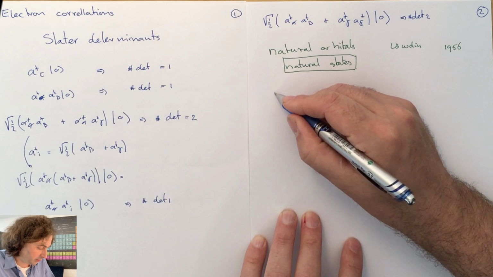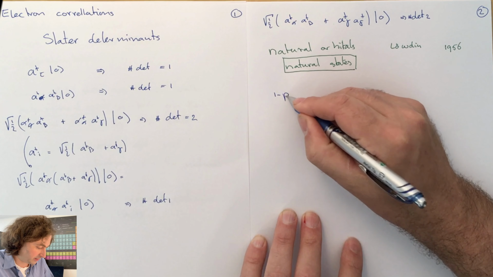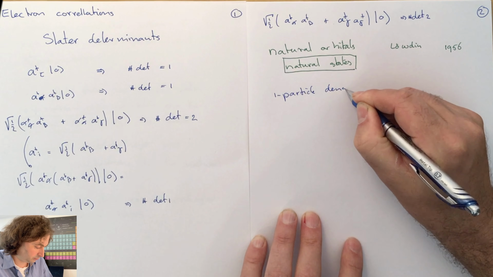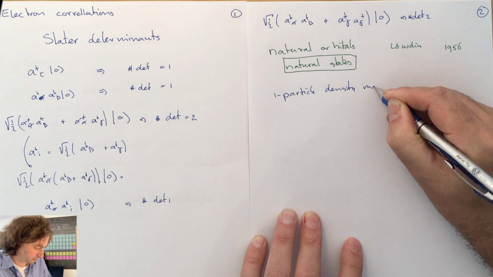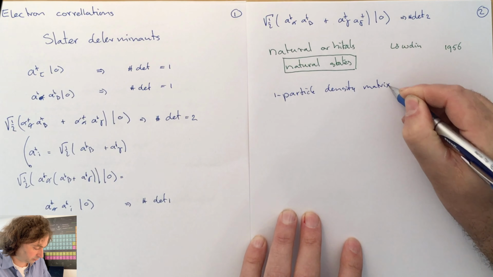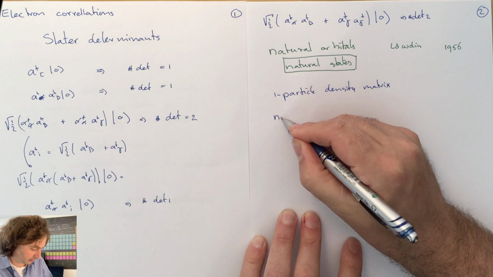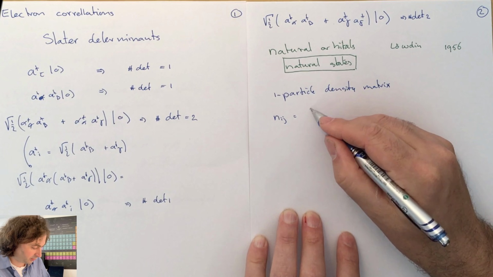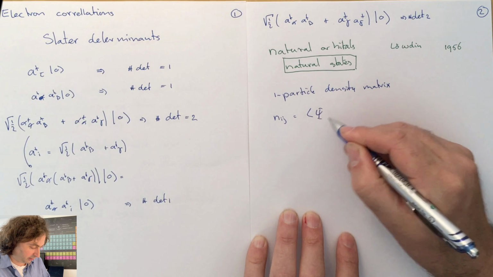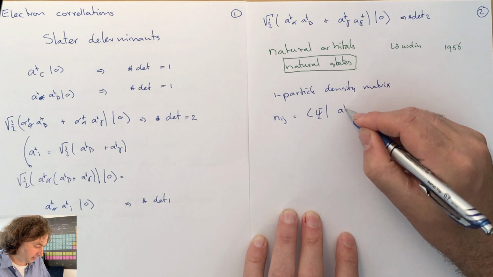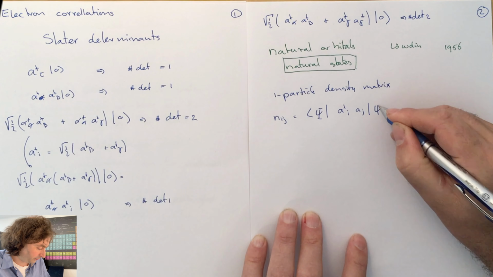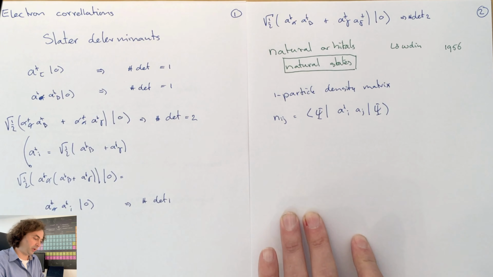For that we can define first of all the one-particle density matrix. And its elements, n_ij, are given by a many-particle state, and then we look at the expectation value of the number operator. We create and annihilate a particle.